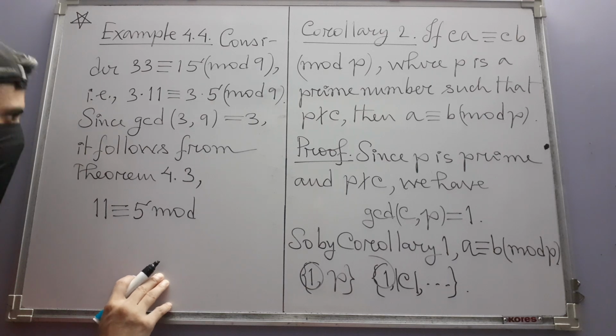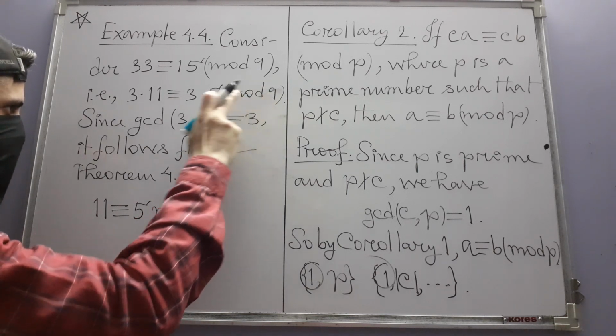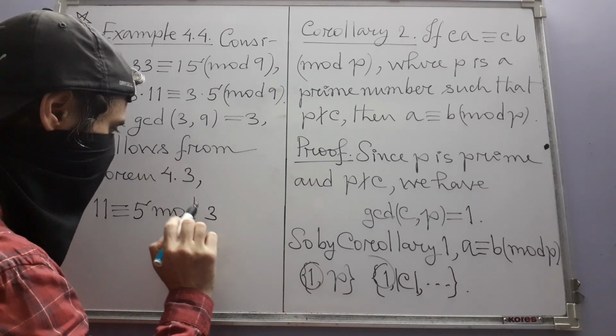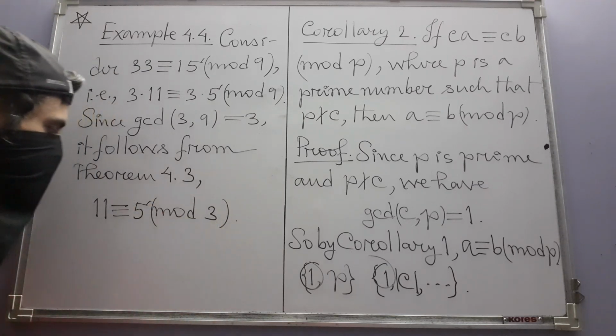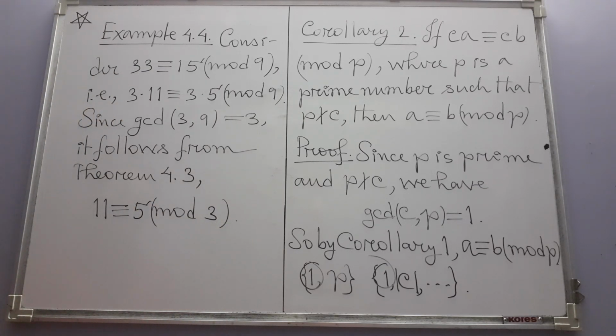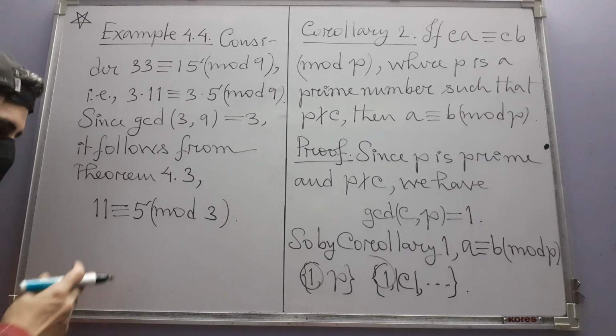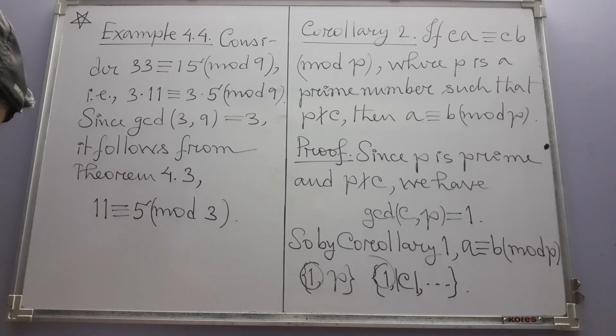The modulus is the previous modulus divided by the GCD. That means 9 divided by 3, which is 3. That's because the difference is 6 and 6 is divisible by 3. So this congruence is also okay.